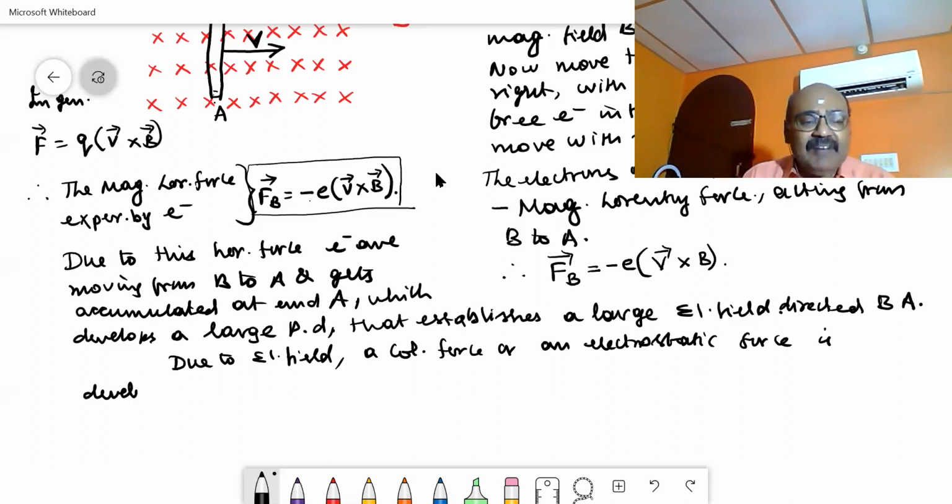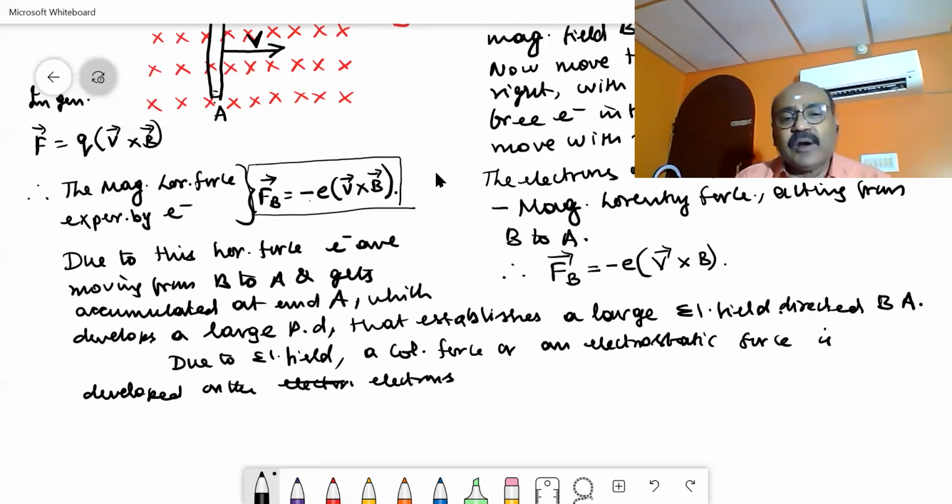So it is developed on the electrons in the direction... okay, so let us write electrons. Developed on the electrons along what direction?